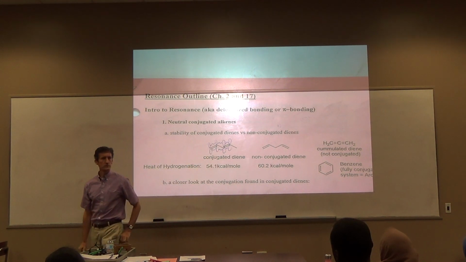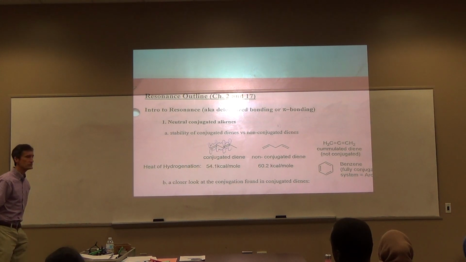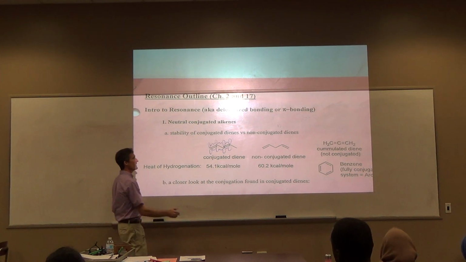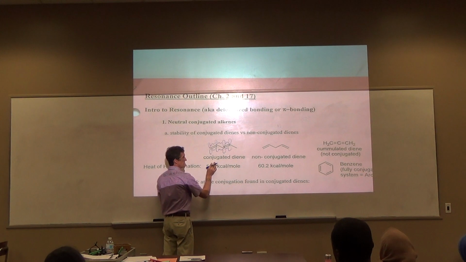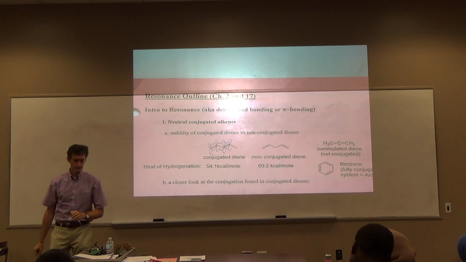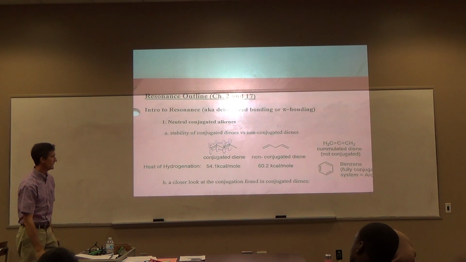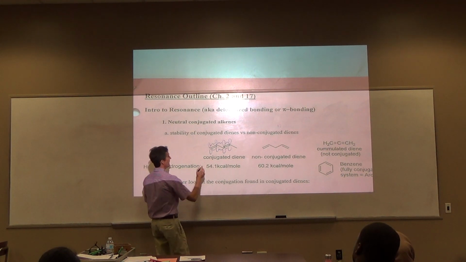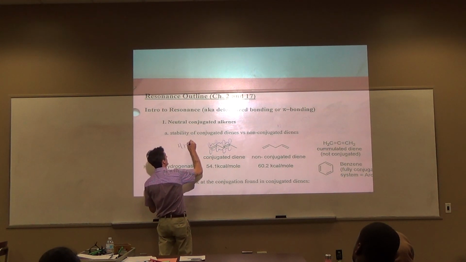That's because when you start doing resonance, a single structure is no longer fully accurate. Okay? In the end, what does conjugated mean? Conjugation refers to p orbitals. P orbitals lined up, like toy soldiers. 4 p orbitals conjugated.